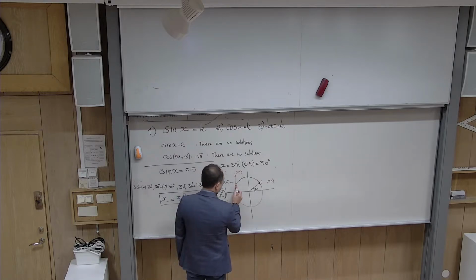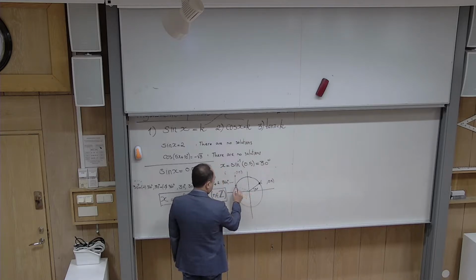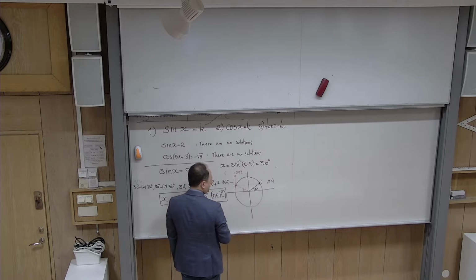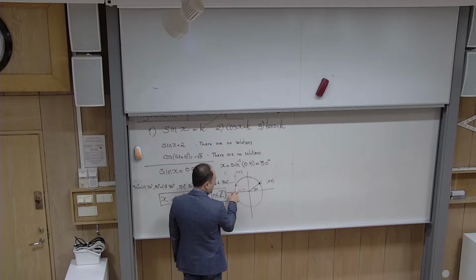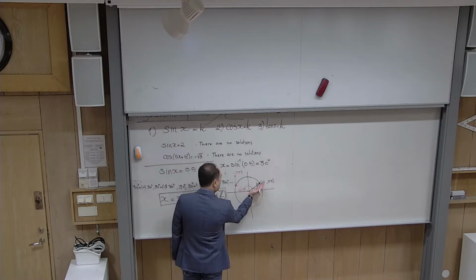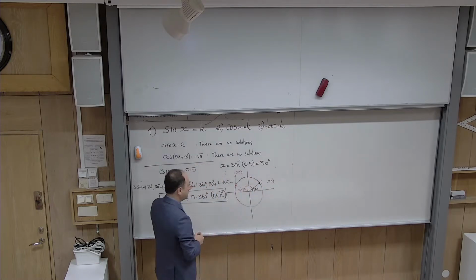Why? Because if you join these 2 points, be careful. By symmetry, what is the size of this angle? This is 30 degrees. But if I ask you what is the name of this angle, and you say 30, that is wrong, because I told you before that everything should be calculated from this horizontal line to the point corresponding to your angle.